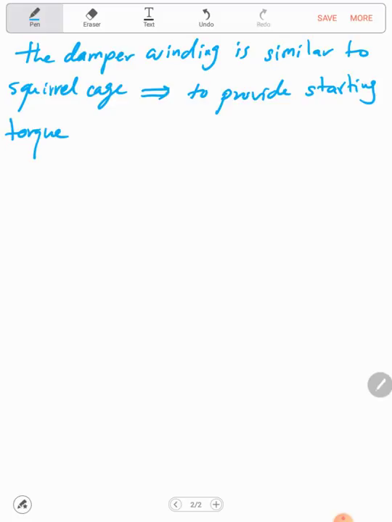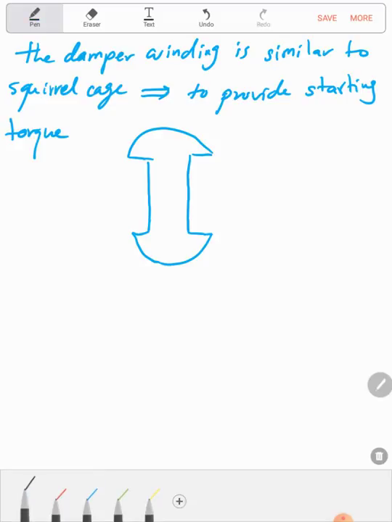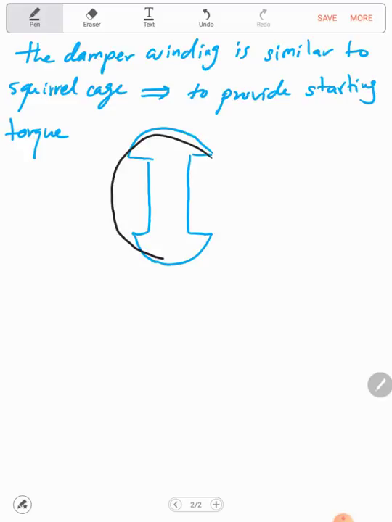So if this is the rotor, and the damper winding is similar to a squirrel cage, and here we have the damper winding.